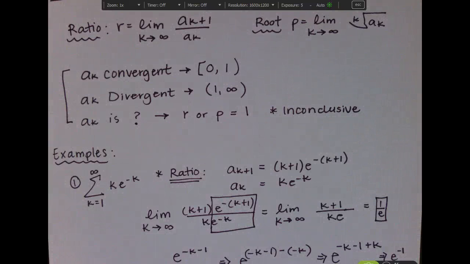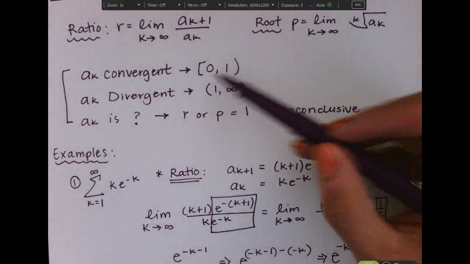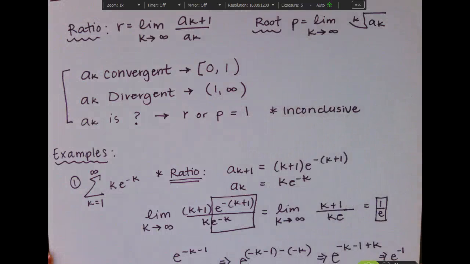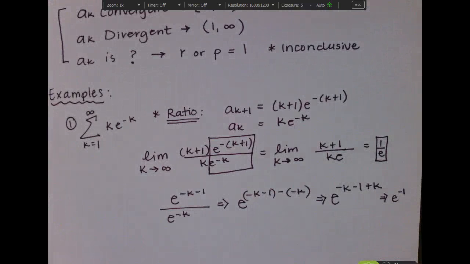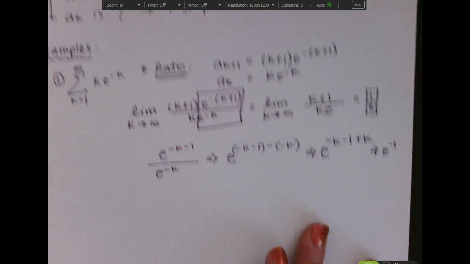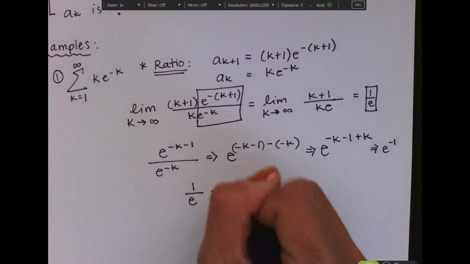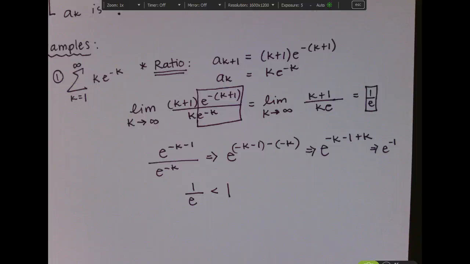So what we want to look at is, is 1 over e between 0 and 1? Is it greater than 1? What do we get? So 1 over e is like having 1 over 2.7, and 1 over e is less than 1.